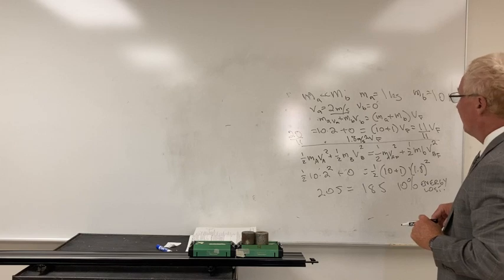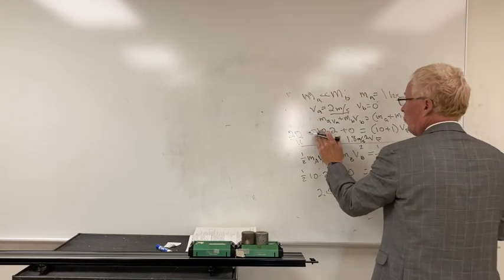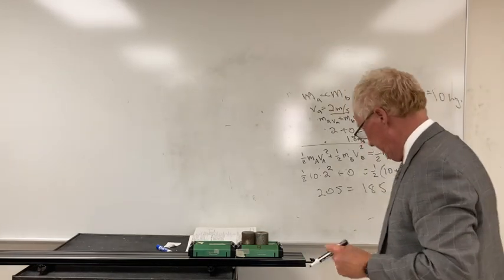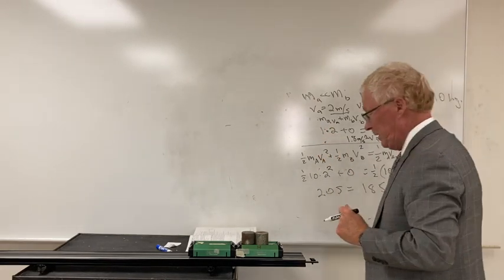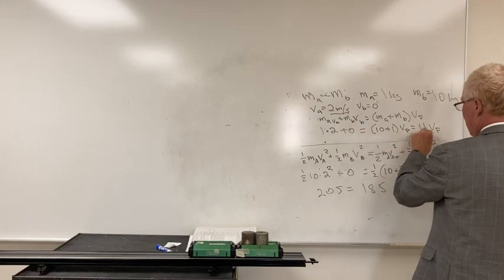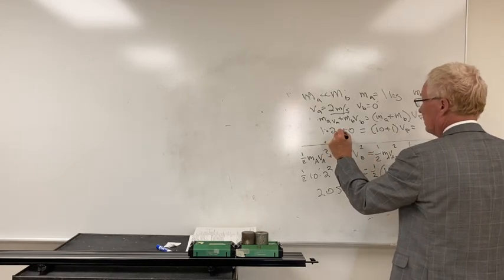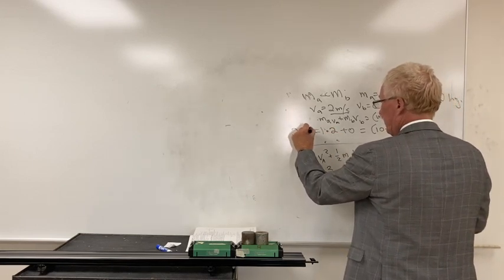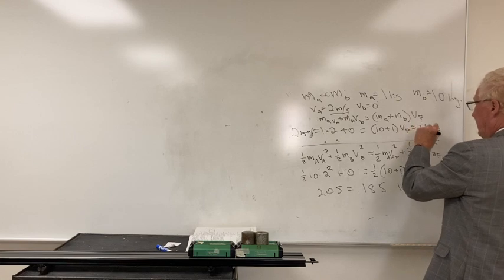So what do we have here? MA is 1, so that would be 1 times 2, so that's 2 kilogram meters per second, equals 11 VF.